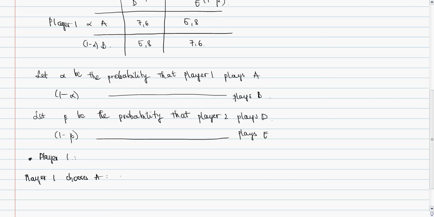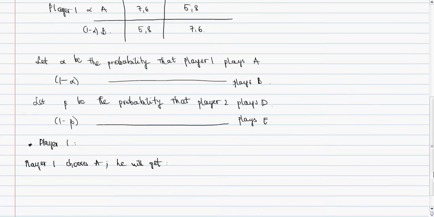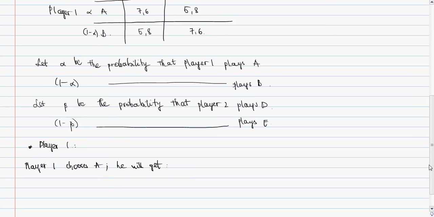So the payoff to player 1 is, if he is playing A, he will get 7 if player 2 is playing D. Okay, and he will get 5 if player 2 is playing E. So there will be a probability beta where player 2 is playing D and player 1 will get 7 by playing A. So if player 1 chooses to play A, he will get beta multiplied by 7 plus 1 minus beta multiplied by 5.